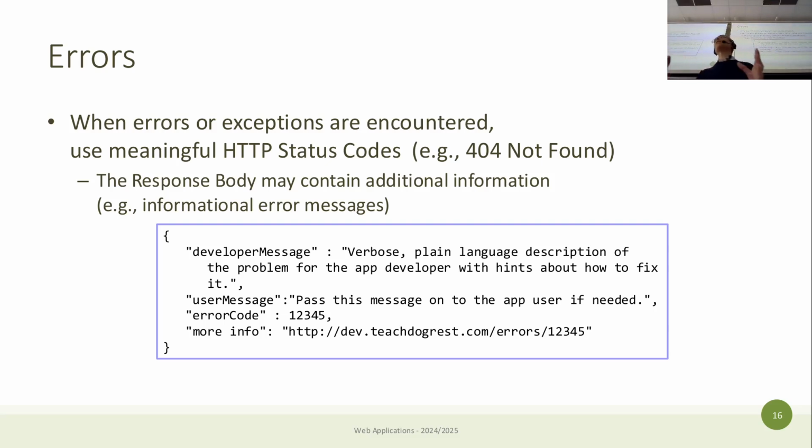But in general, if there are errors that are not the user's fault, tell the user it's not his or her fault. Database connection error, try again later. That's a possible message you can give back to the user.